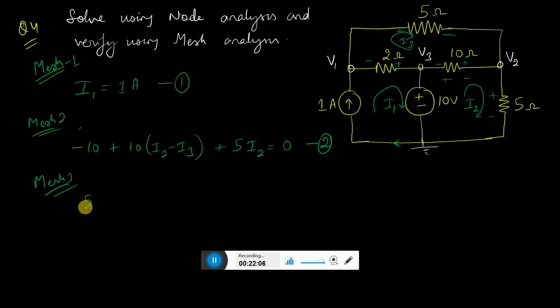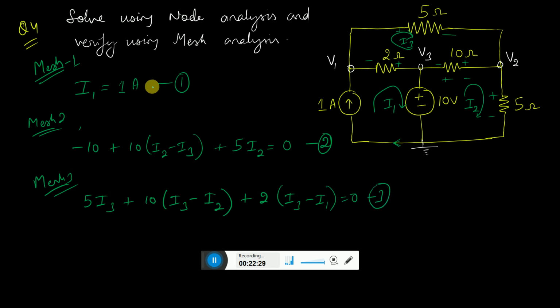There is a 5, and only one current is there because it is in one mesh. Then you have a 10. So you have 10 I3 minus, the current which is opposing, that is I2. And again you have 2, the current is I3, and whatever is opposing is I1, equal to 0. So like that you have got 3 equations done.